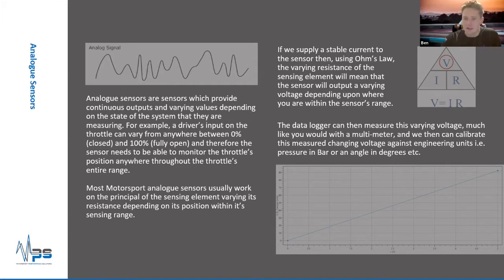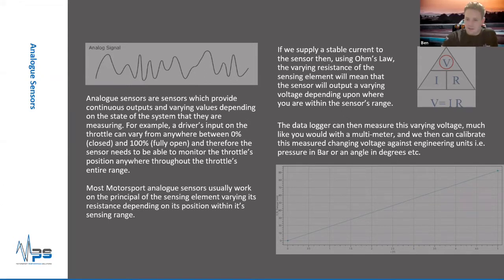So with a pressure sensor, the more pressure it sees, the higher the resistance, for example. So what we do then is we supply a constant voltage. There'll be a dedicated power supply pin out of your data logger. If we pass that through the varying resistance, we'll get a varying voltage back out of it, and then we feed this varying voltage into our data logger.